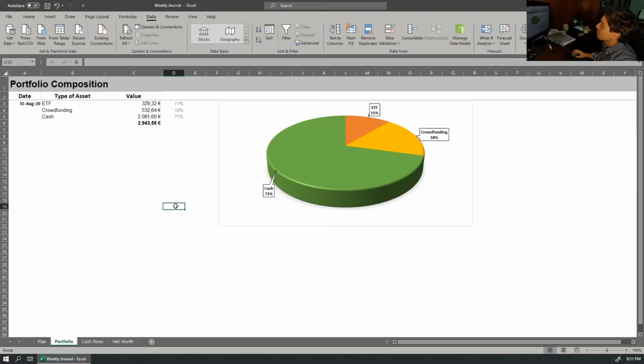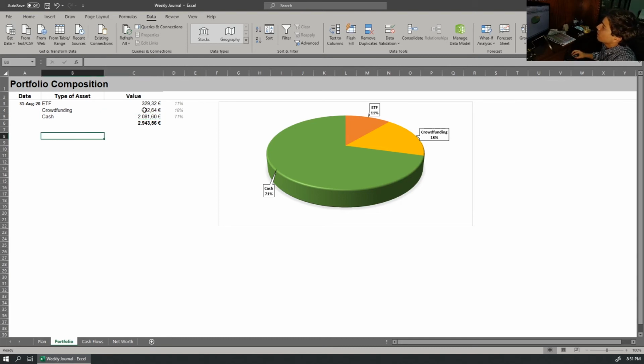Then we'll be here. I will take some notes about the structure of my portfolio. I'm thinking of doing this every month. Currently, as you can see, on 31 August of this year, I had most of my portfolio in cash, because I'm still building my savings.